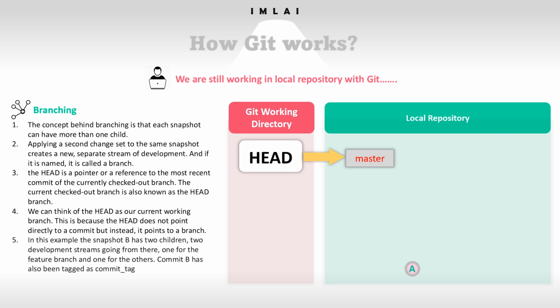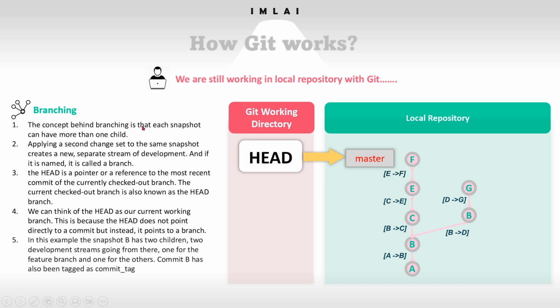The initial commit was A, and then you added some files and committed those files, then the commit B. When it reaches commit B, there were two development streams going from commit B: one for the feature branch, the other the normal way, which is going on. That's the reason we have tagged commit B as a commit tag.